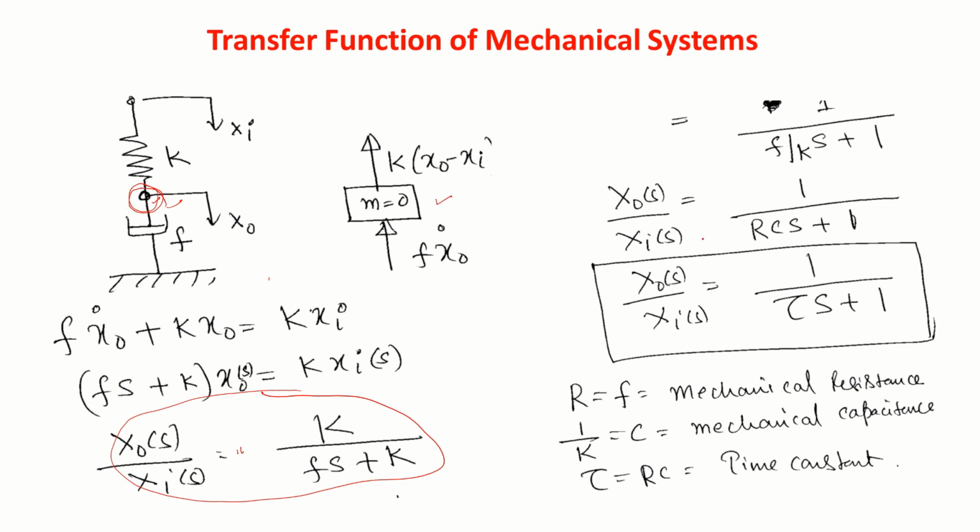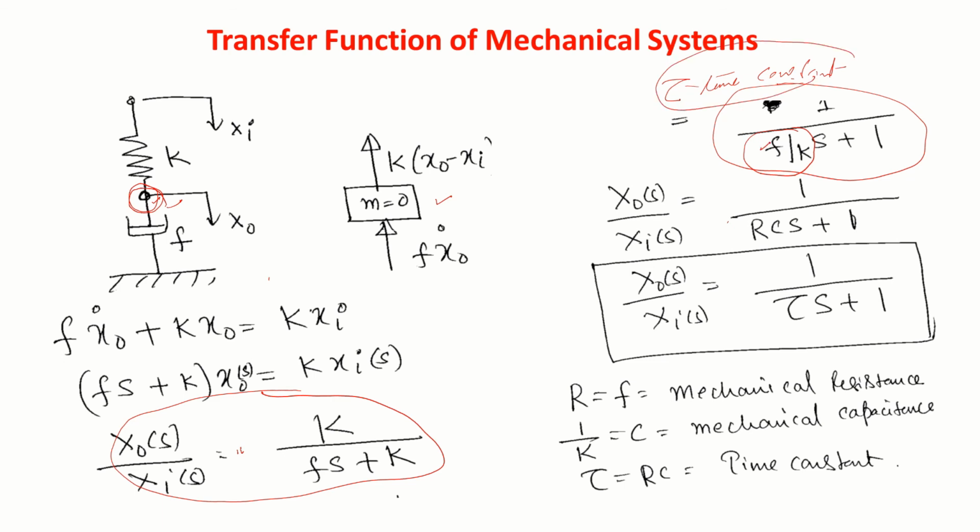Now you divide numerator and denominator by k. You will get this. That f by k, let me represent by tau. That I call the time constant. It will have the unit of time. Later we'll study its significance. This is called the time constant.